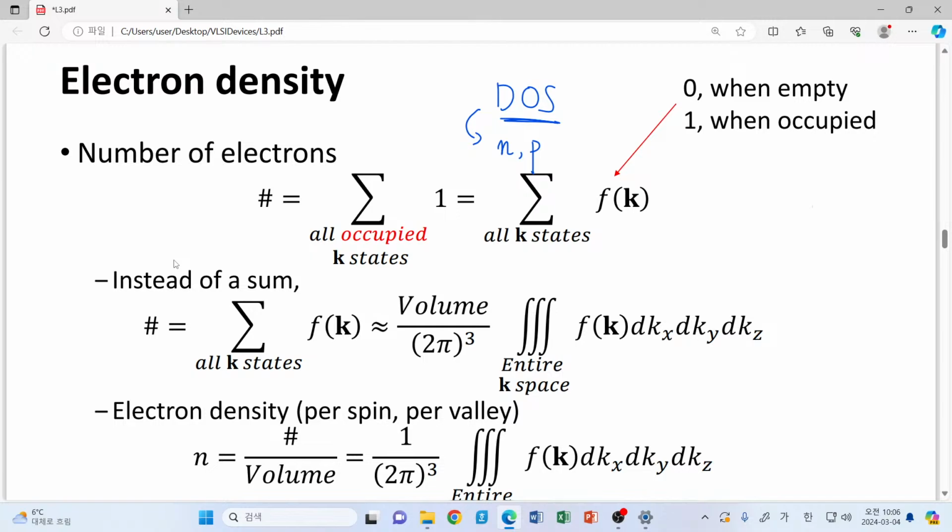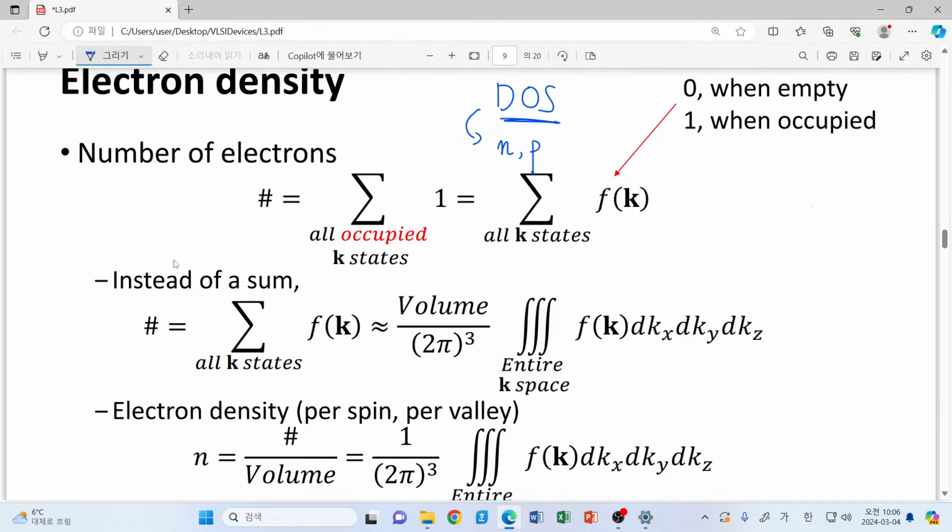Many expressions you see in the textbook are obtained by first considering discrete K-space and later converting the summation into integration. That is the important message I want to deliver.